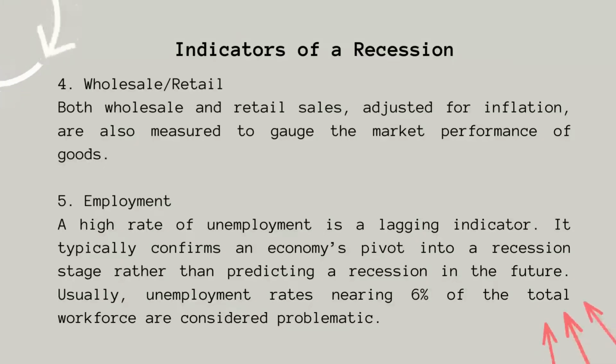Number five, employment. A high rate of unemployment is a lagging indicator. It typically confirms an economy's pivot into recession stage rather than predicting a recession in the future. Usually, unemployment rates nearing 6% of the total workforce are considered problematic.